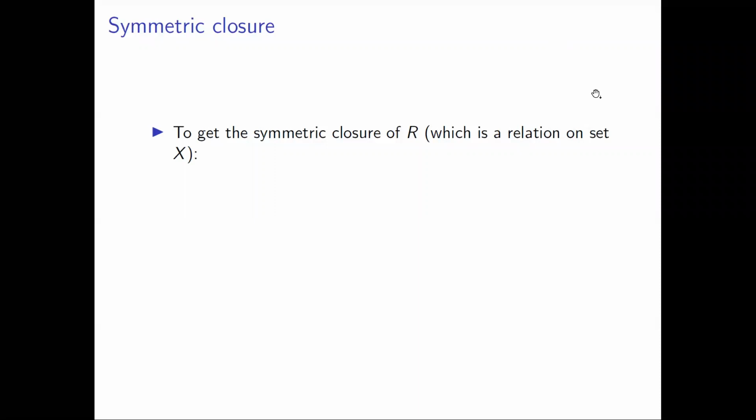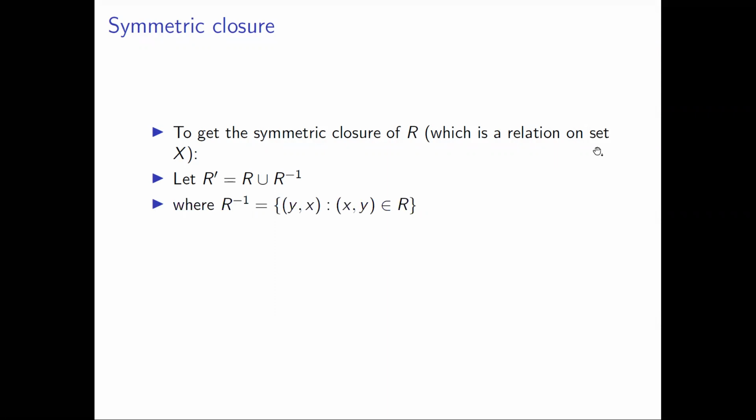Next, we're going to discuss how to calculate the symmetric closure of a relation. In order to find the symmetric closure, we can find another union. This time we take the union of R with its inverse.